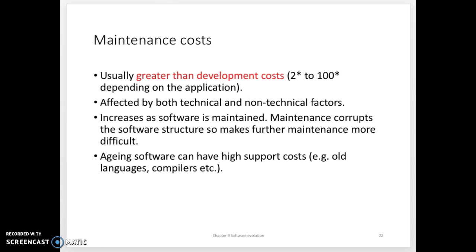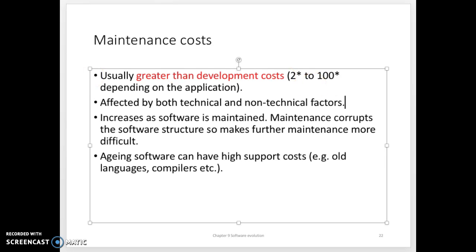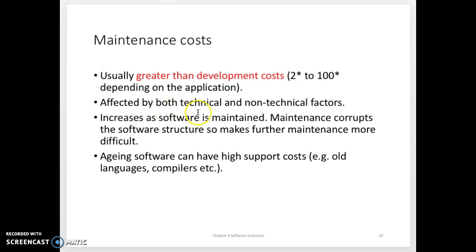Maintenance is actually costly, and it might be between 2 times to 100 times the development cost. It is affected by both technical and non-technical factors, and it increases as software is maintained.